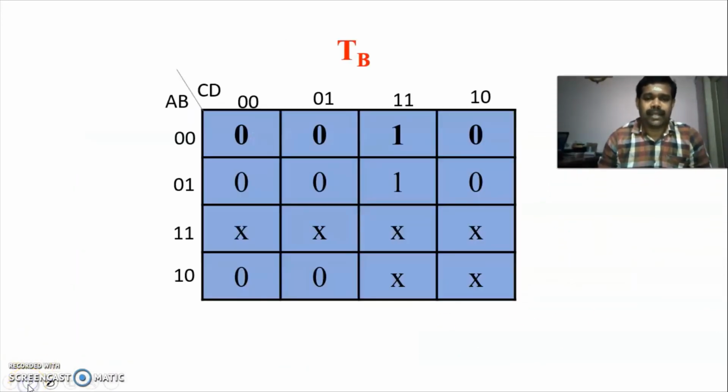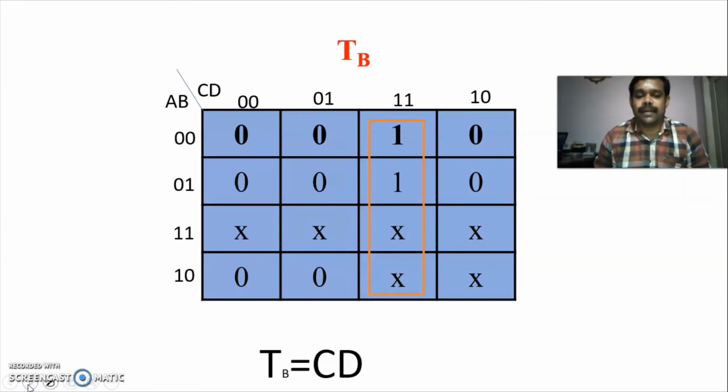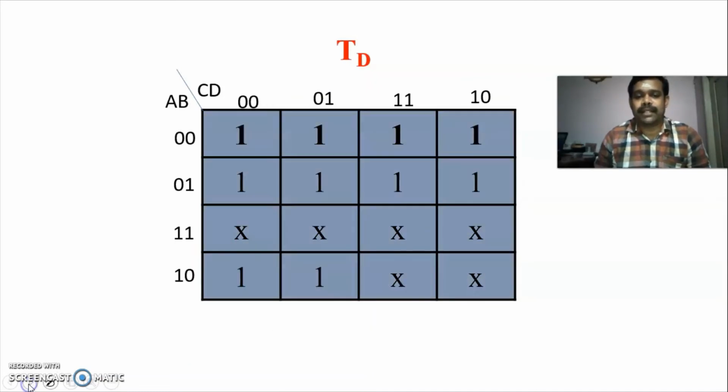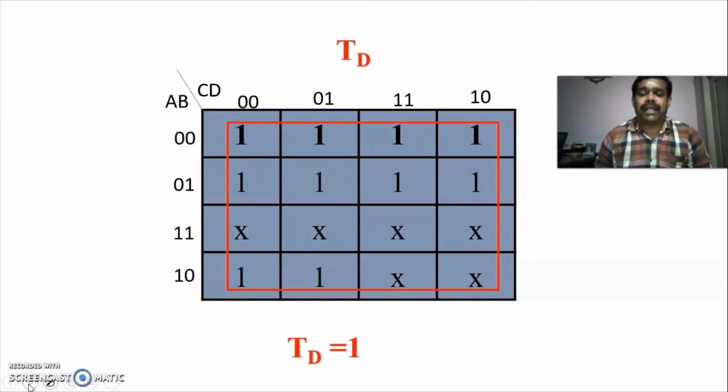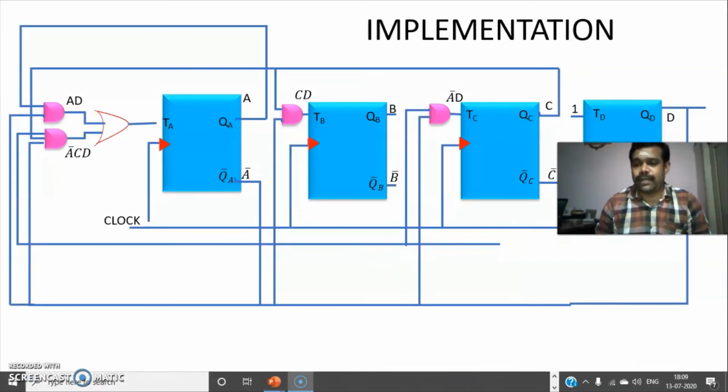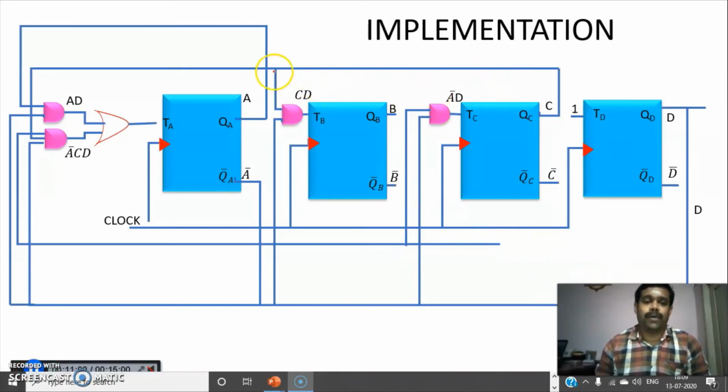Now again we are going for TB. So we are plotting by looking at the column of TB, we are plotting the ones and don't cares, and we are writing the expression. Similarly for TC, we are writing the ones and don't cares, then we are writing the expression. This is for TD. After that, we are going for implementation. So this is the implementation of your mod 10 counter.